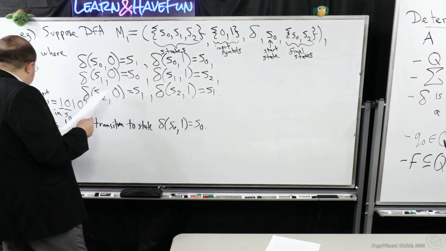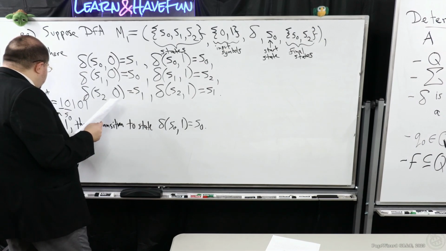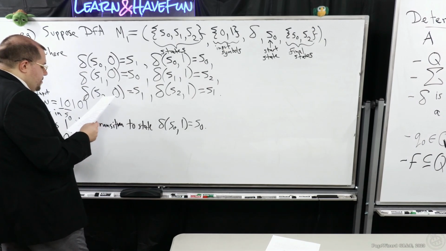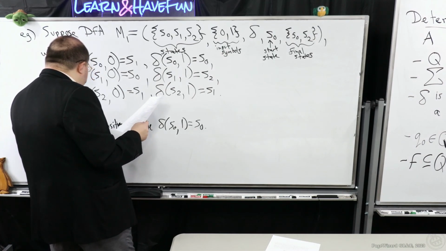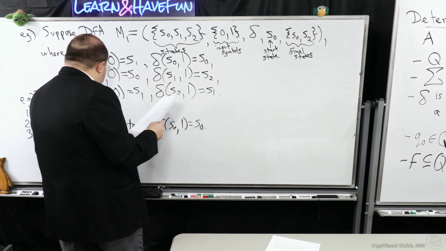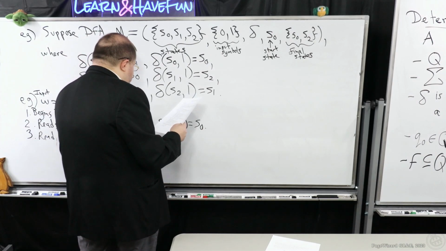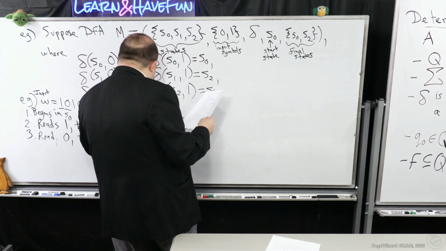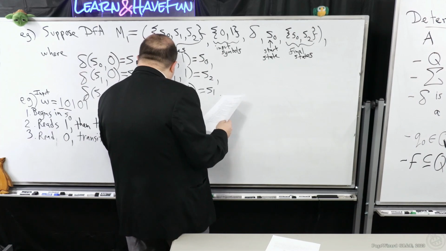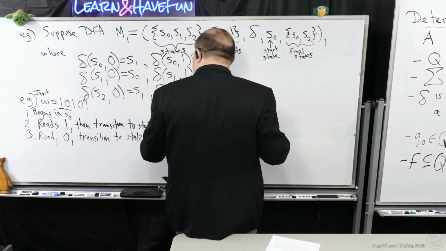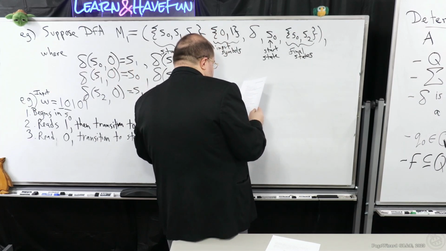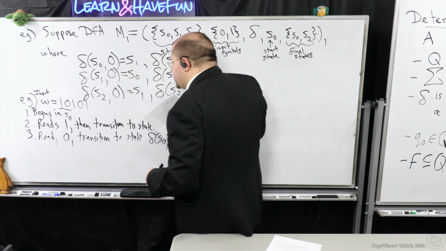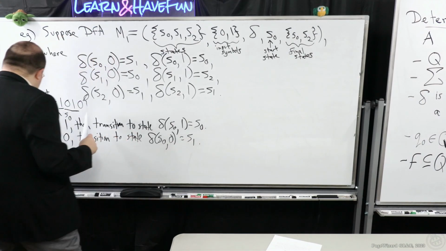Next symbol, we read a 0, and we transition to a state. Which state? We're in S0, we read a 0, and it says to go to S1. So we're in state S1 now. Read the next symbol.